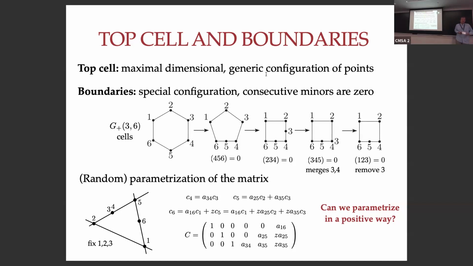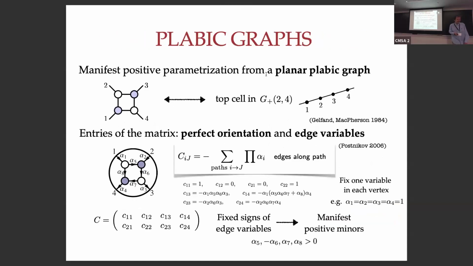Where you can send the parameters being positive, and then in this matrix, all the main minors will be positive, and that would actually correspond to the cell in the positive Grassmannian. And the way to do it was found by Postnikov, and this is using so-called plabic graphs. Plabic graphs are graphs which consist of two trivalent vertices, blue or black and white, and the graph represents a cell in this positive Grassmannian.